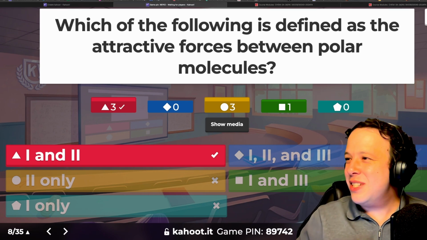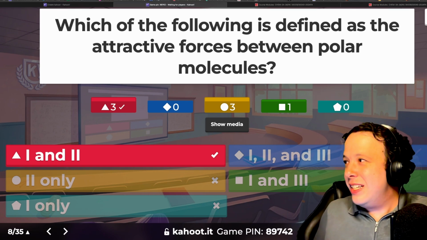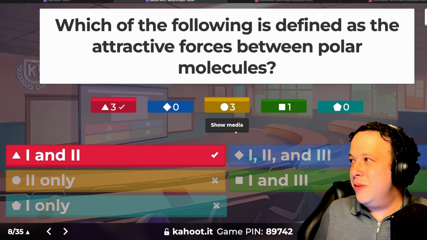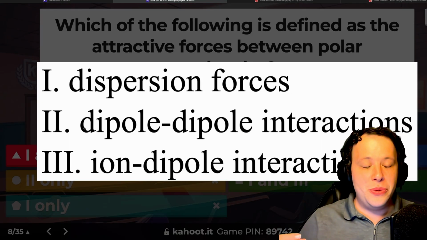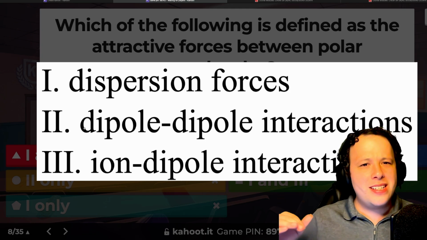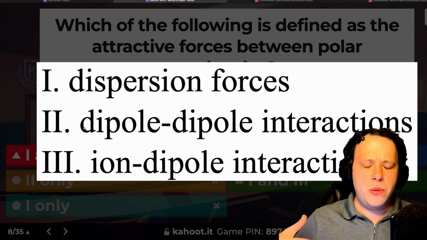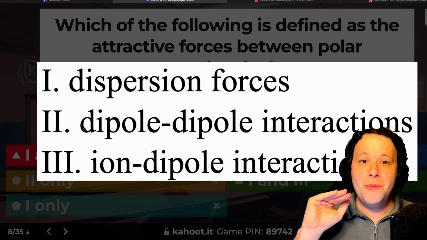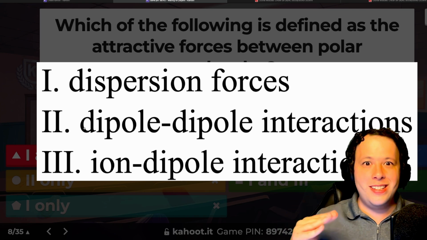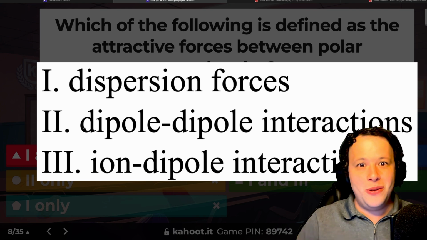All right, so it looks like you guys are split, which is okay, because even the people that picked yellow, which was number 2, I believe were correct. It's kind of a trick question. When they're polar, you are all correct. It does dipole-dipole. No denying that.